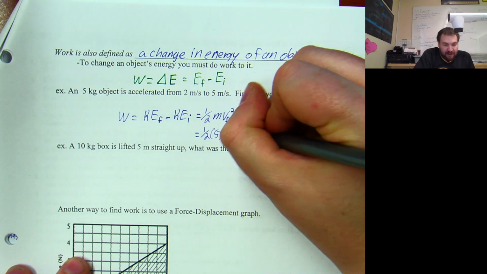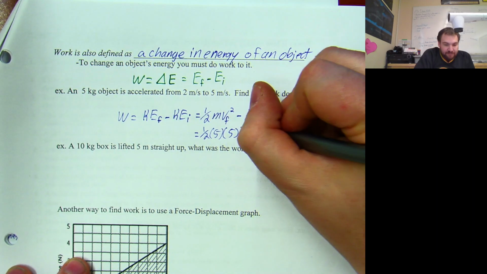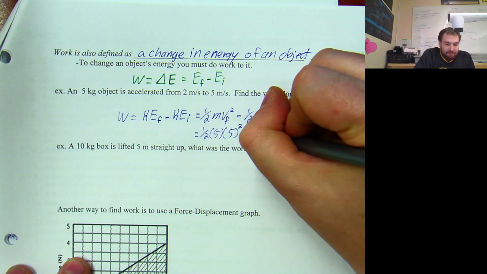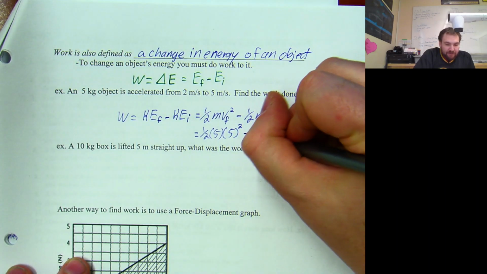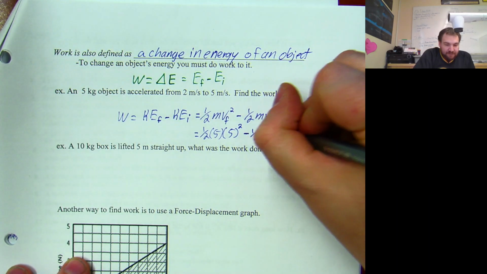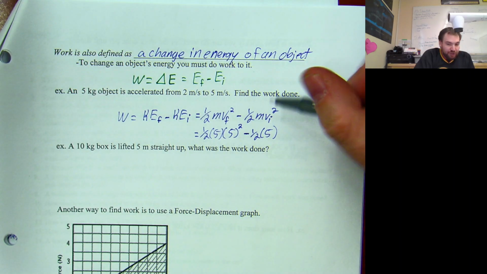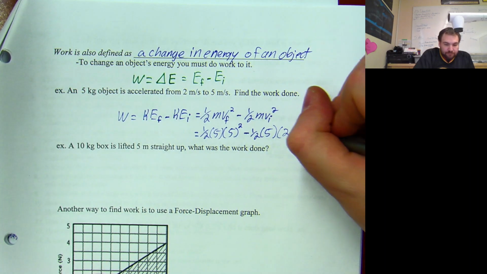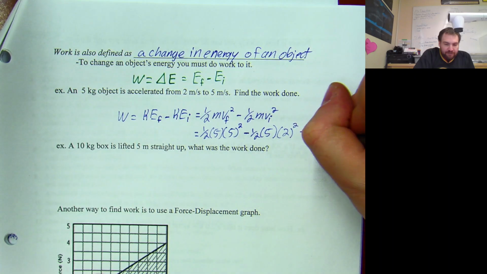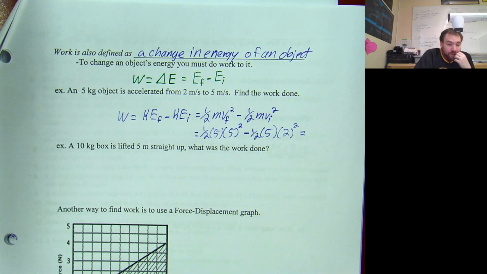So I'm just going to plug that value in here for my final velocity. Minus 1/2 my mass times my initial velocity squared. What was my initial velocity? 2 squared. How much work was done while we accelerated the object?